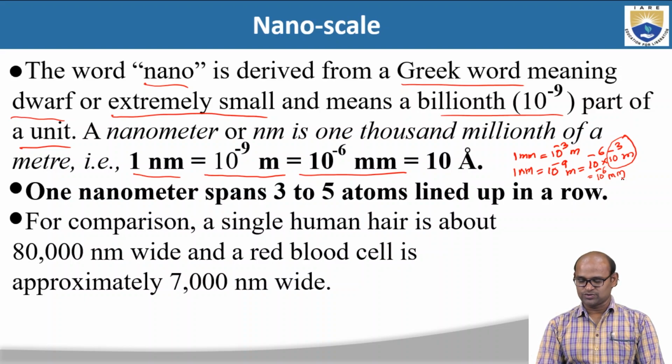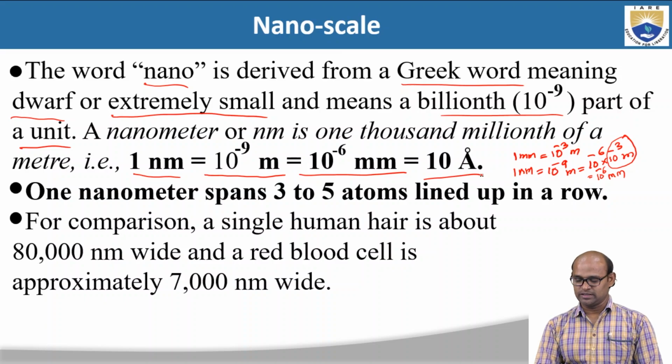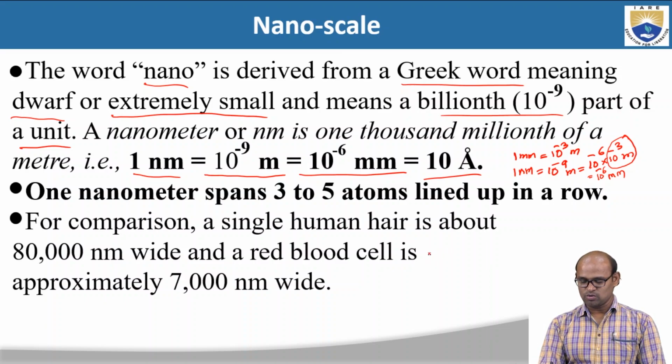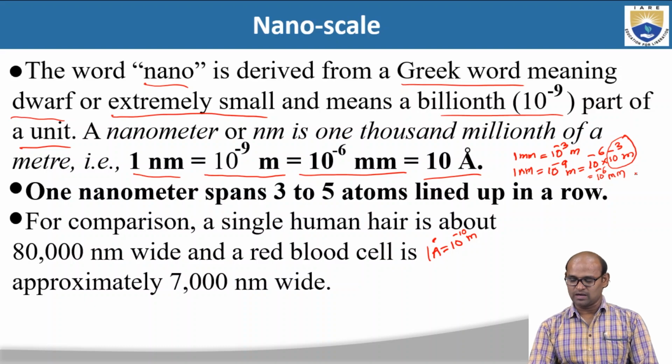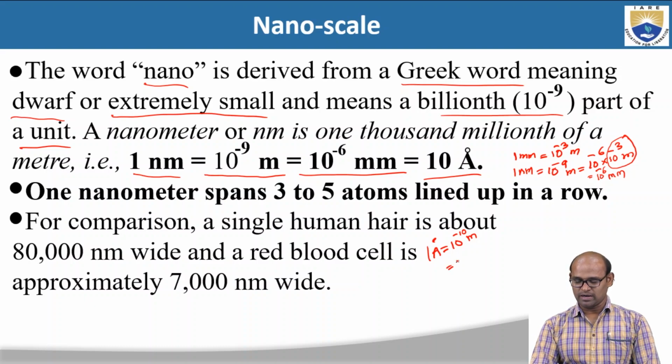Or 1 nanometer is 10 angstroms, because 1 angstrom is 10 power minus 10 meters. 1 nanometer is 10 power minus 9 meters, so it becomes 10 into 10 power minus 10, which is 10 power minus 9 meters.